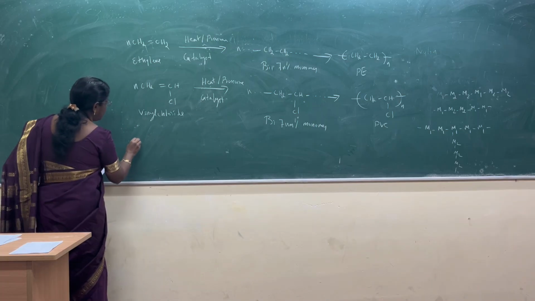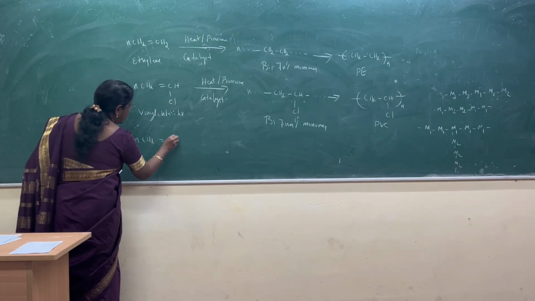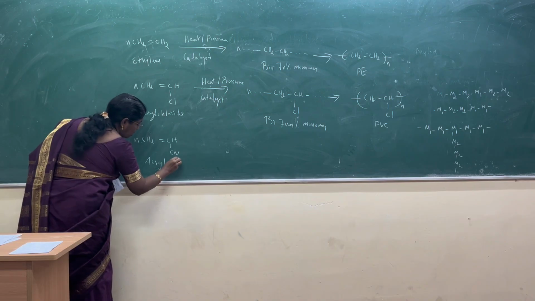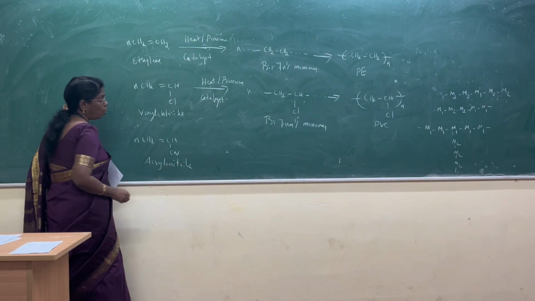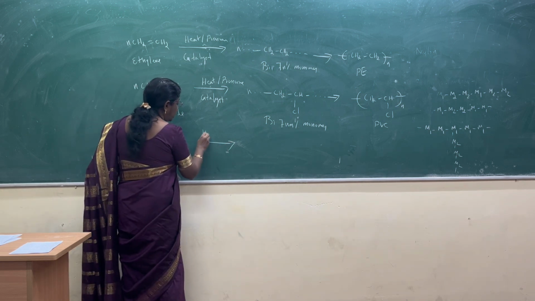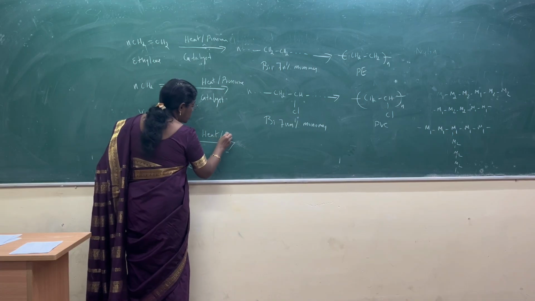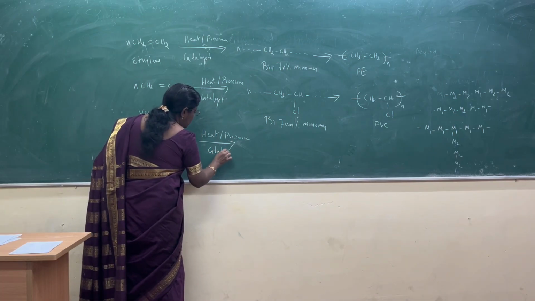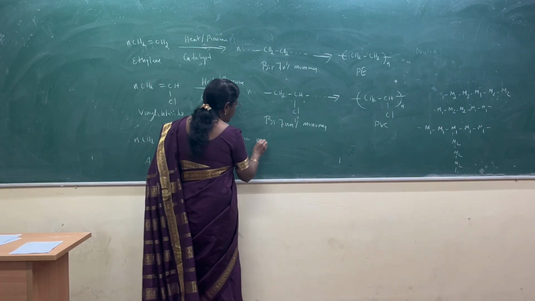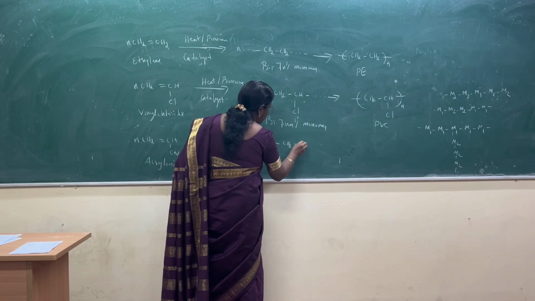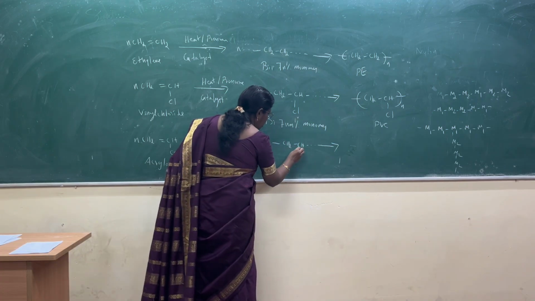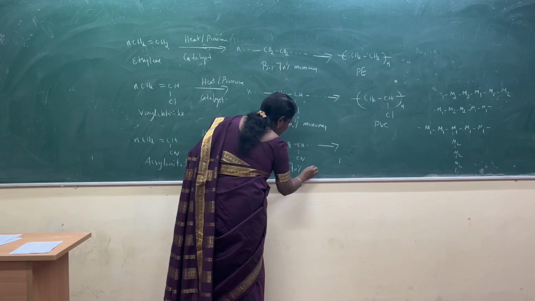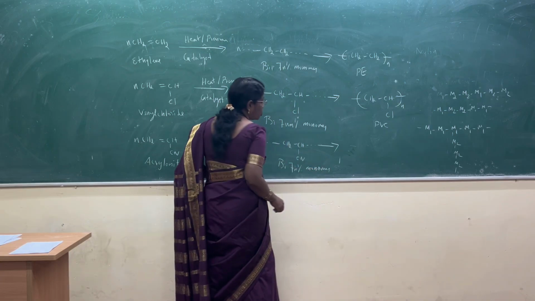Another example, acrylonitrile. Acrylonitrile undergoes polymerization in the presence of heat, pressure and catalyst. We can get the bifunctional monomer, and so we can get PAN.